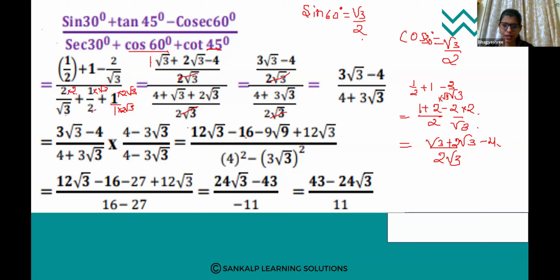Root 3 into 3 root 3, so 3 3s are 9. Root 3 into root 3, that is 3, 3 3s are 9. Plus 4 into 3, 12 root 3, right? Minus into minus plus, divided by a plus b, a minus b, brackets, right? A plus b into a minus b, brackets.